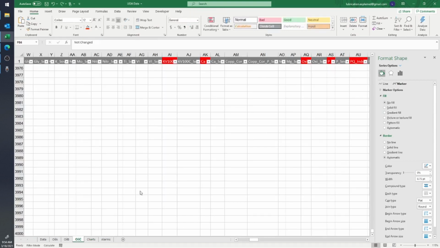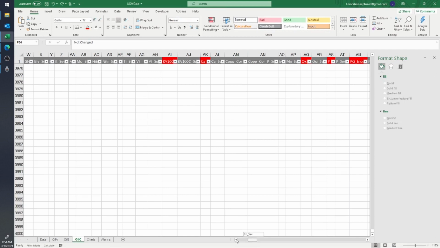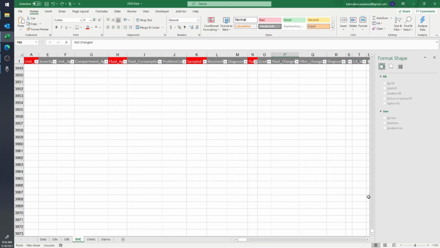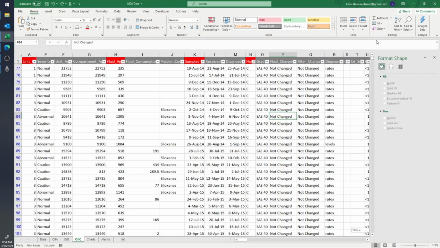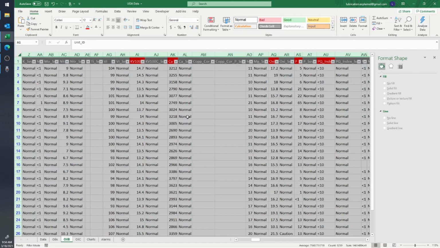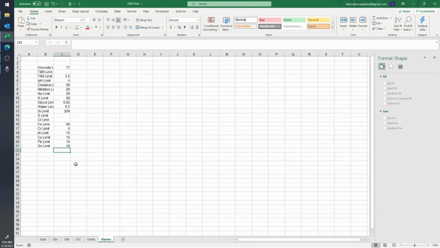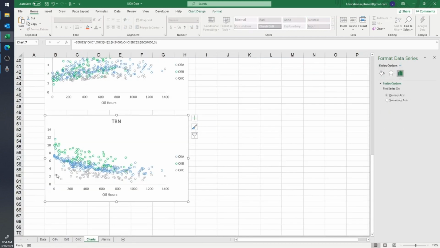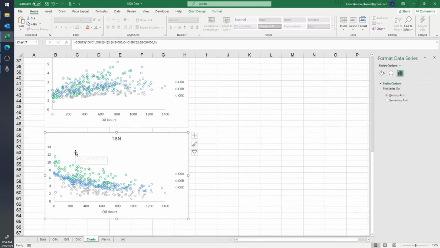Why is it doing that? Let's just check that our data filter has been applied correctly here. It has? Okay. Weird. Well, it's going to stay grey for the moment. Okay, so oil B starts with a much higher TBN, and oil B is the green one.